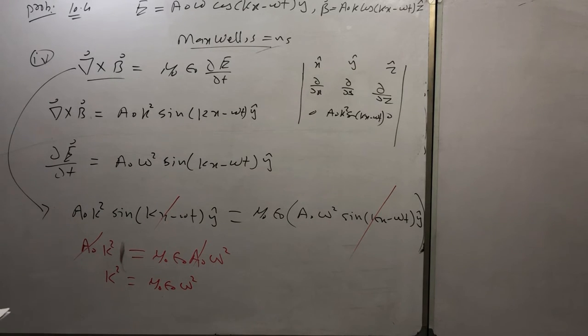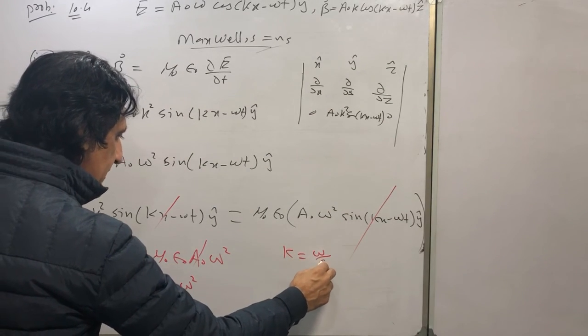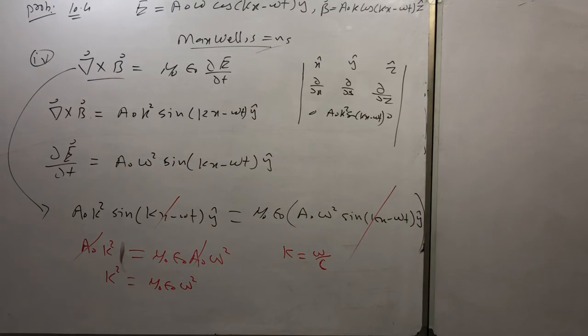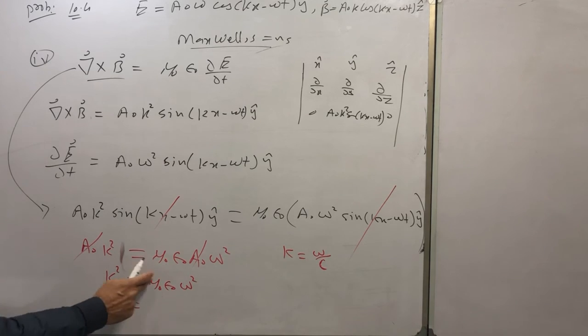And we know that omega is equal to ck, and k is equal to omega divided by c. We know about this. This is the relation between wave vector, wave number, and frequency. So k square, omega square divided by c square, is equal to mu naught epsilon naught omega square.